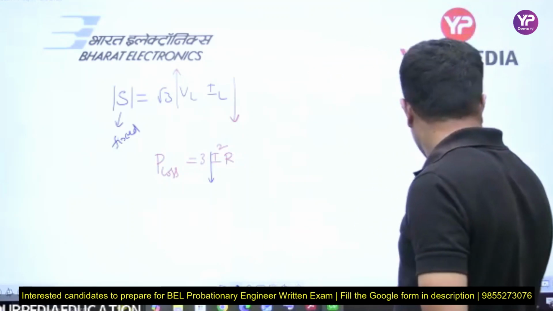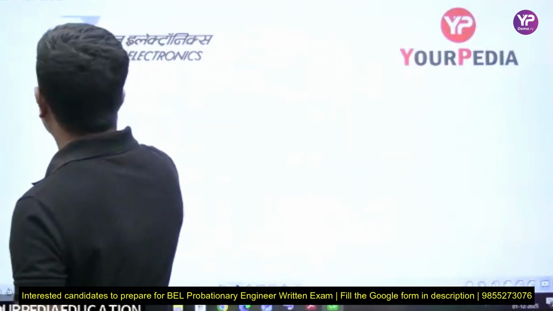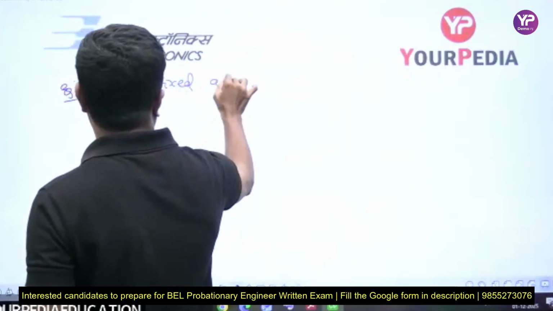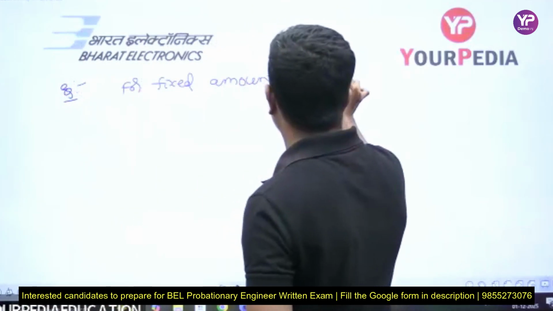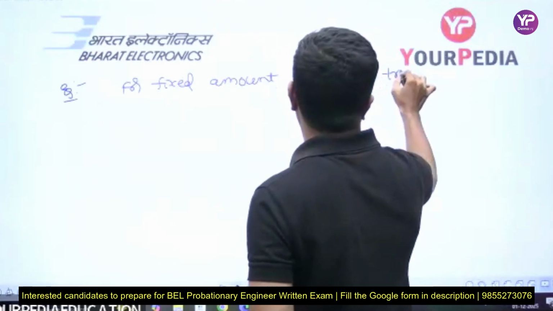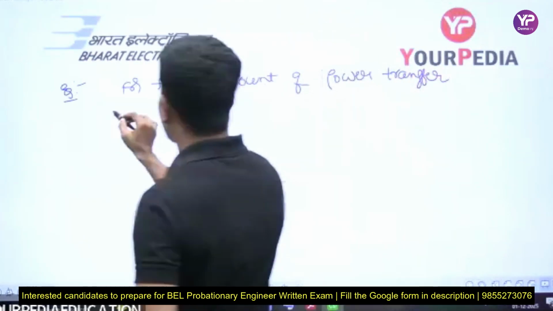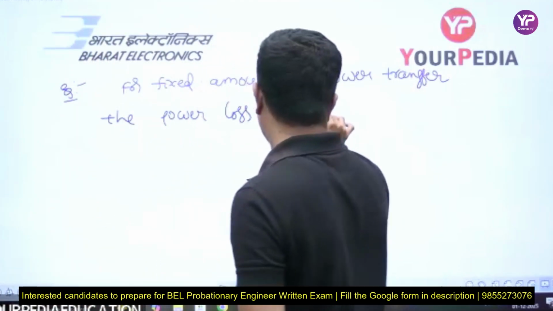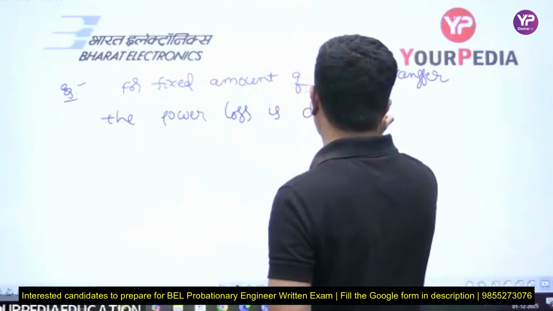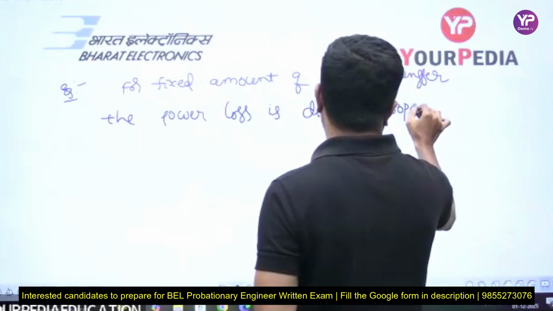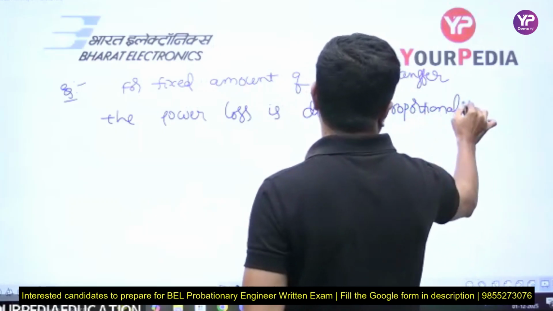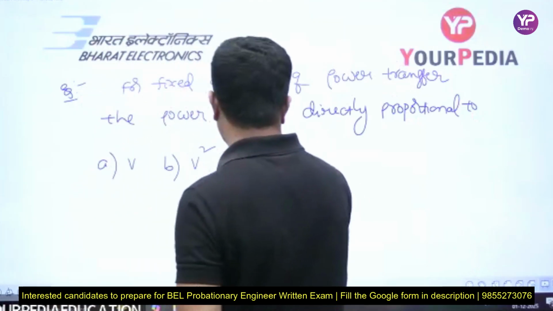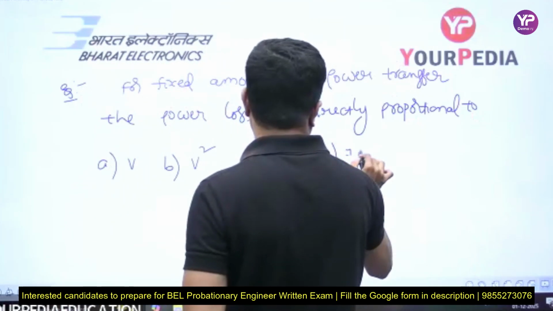Now let me give you a question here. For a fixed amount of power transfer, the power loss is directly proportional to option A, V; B, V square; C, 1 by V; D, 1 by V square.